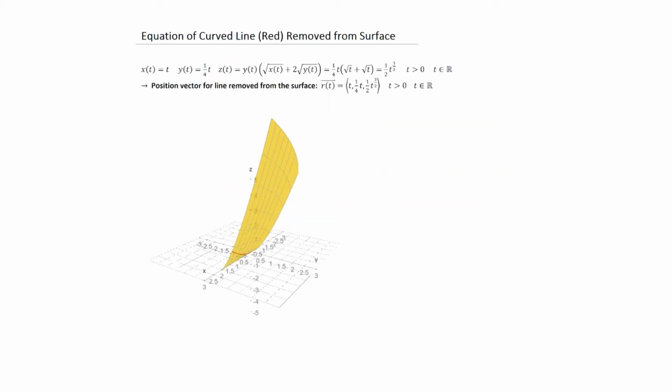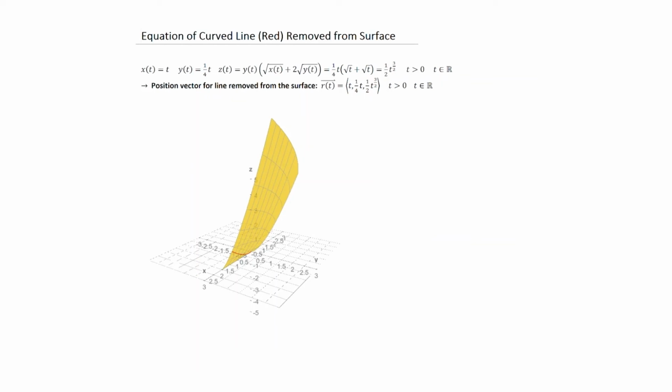So there's x of t equals t, y of t is equal to 1/4 t, because it's the line we're interested in. And then substituting x and y into the equation for z, you end up with the expression shown there. And after some simplification, we end up with 1/2 t to the power 3/2. And t has to be greater than 0, again, because of constraints on x and y.